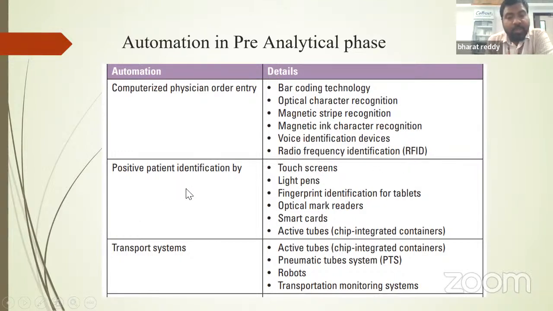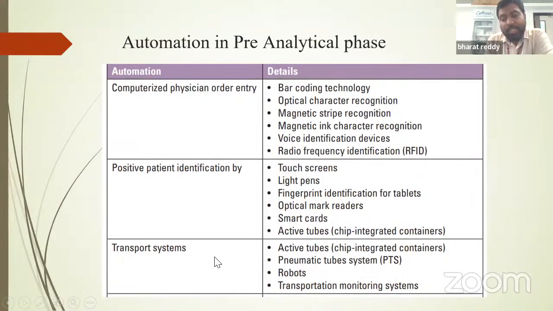Positive patient identification by these techniques like touchscreens, light pens, fingerprint identification for tablets, optical mark readers, smart cards, active tubes, that is chip integrated containers. And then automation in transport system.